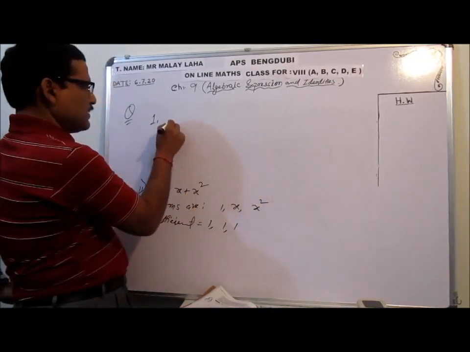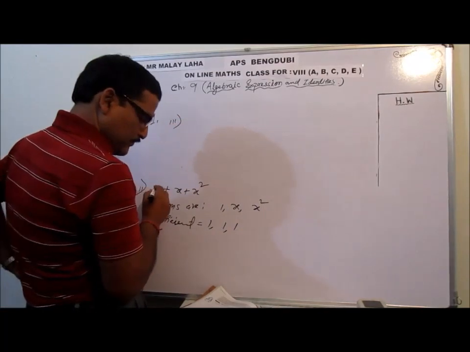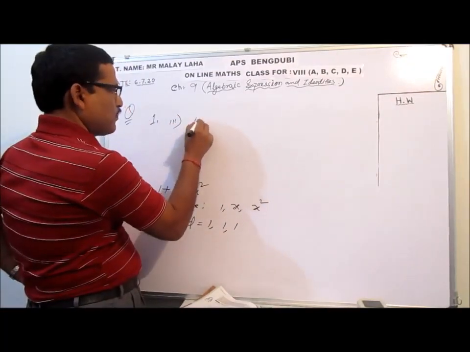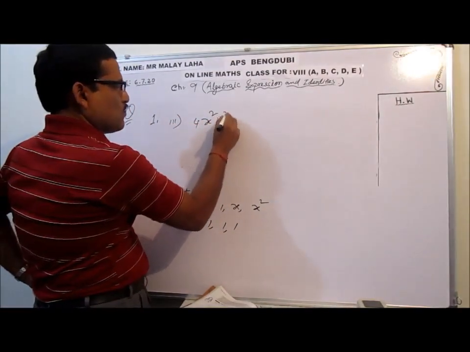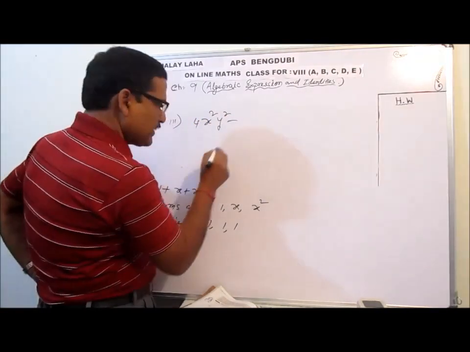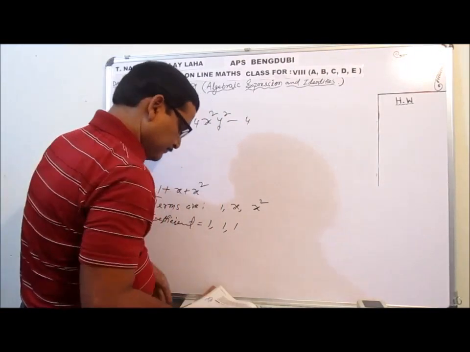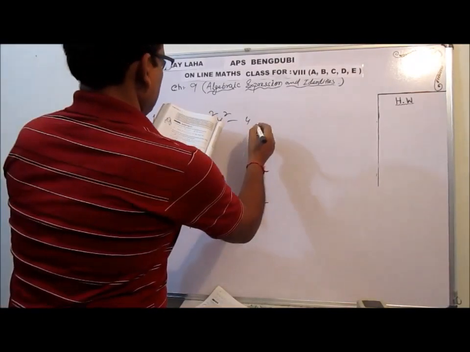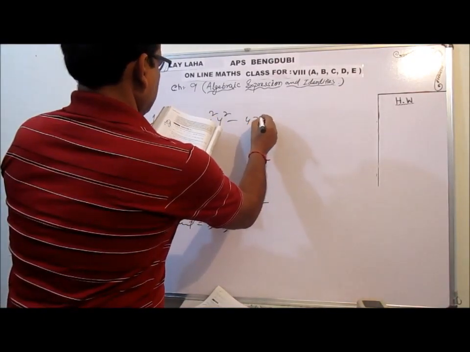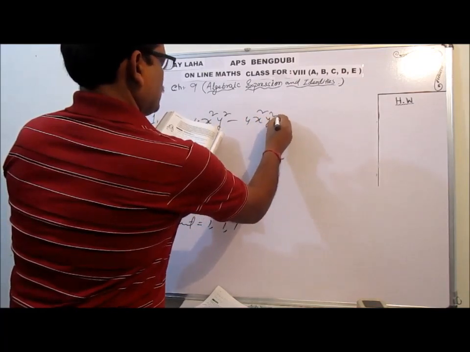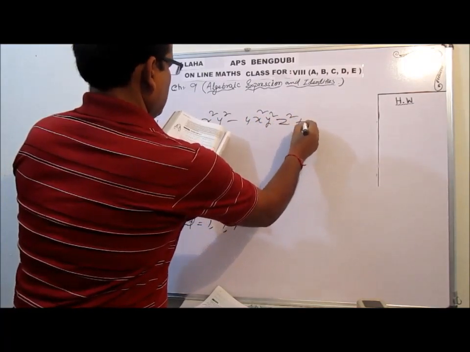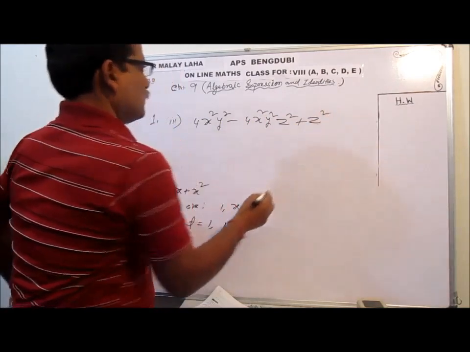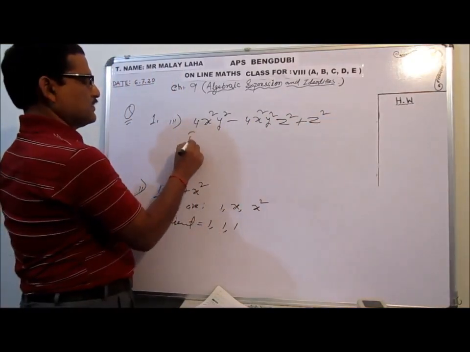Okay. Third number, 4x square y square minus 4x square y square z square plus z square. So we have to find out the terms first.